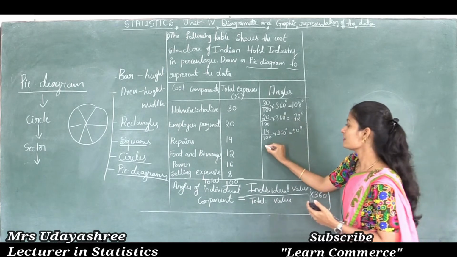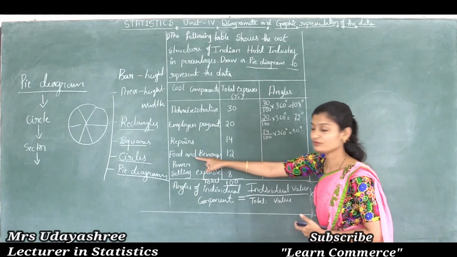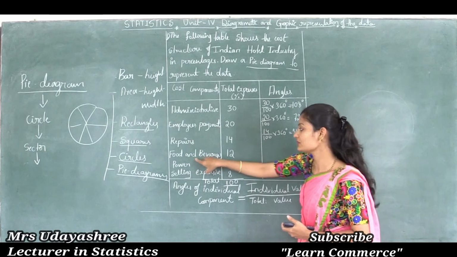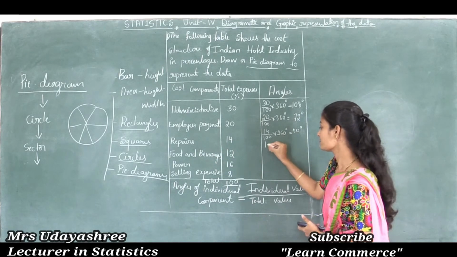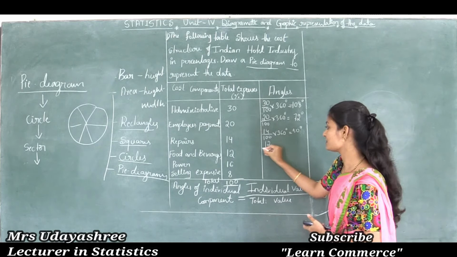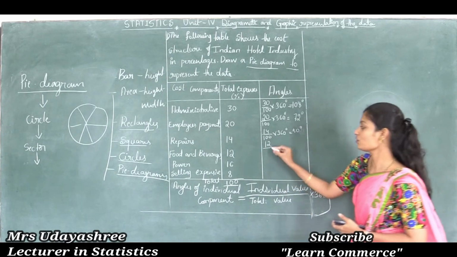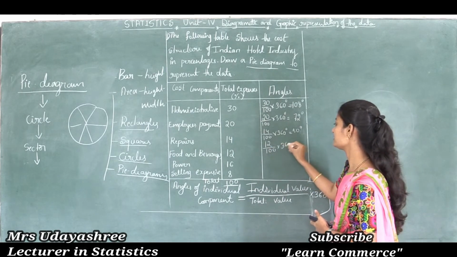Next is food and beverages. Here the individual component is food and beverages, and the individual value is 12. So in the place of individual value I will substitute 12, divided by total value, which is 100, into 360 degree.